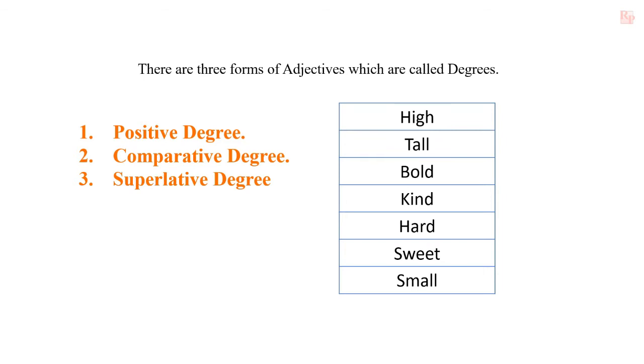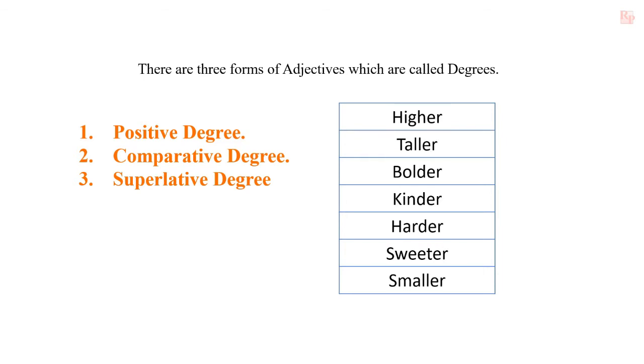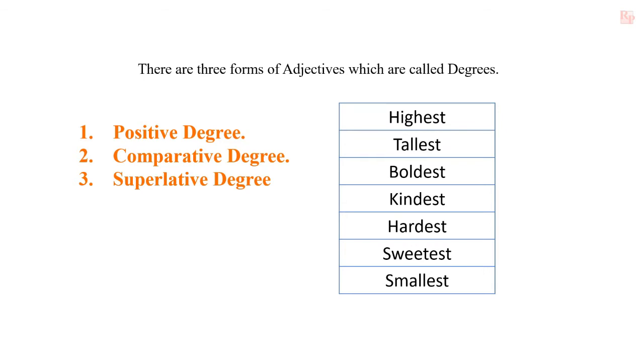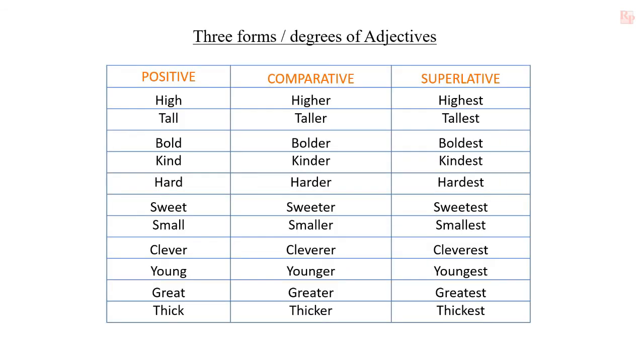But when you study the text, these adjectives sometimes do not appear like this. You come across words like this: higher, taller, bolder, kinder, harder, sweeter, smaller, etc. And sometimes like this: highest, tallest, boldest, kindest, hardest, sweetest, and smallest.